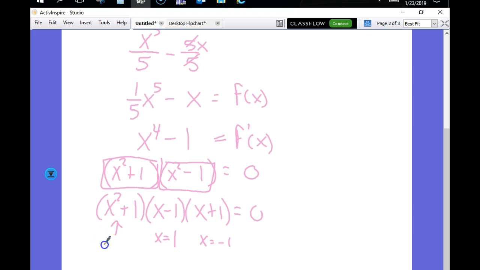I'll just put does not produce a critical value, because if you try to solve for x, you can't get an answer out of that, so there's no critical value for that particular factor. All right, so I'll leave that one there and let you guys take on the rest.